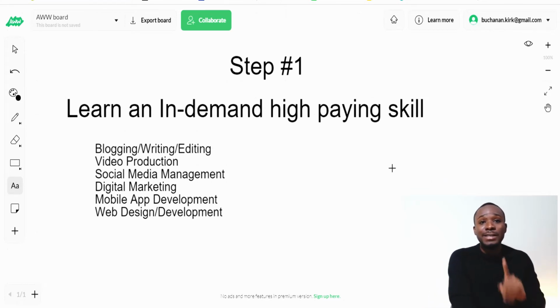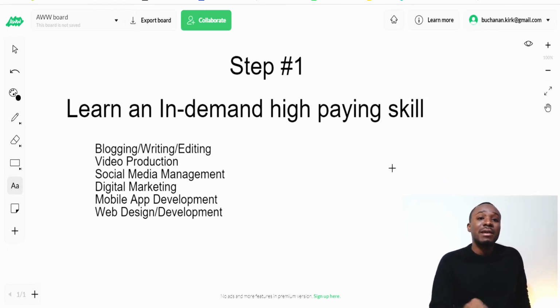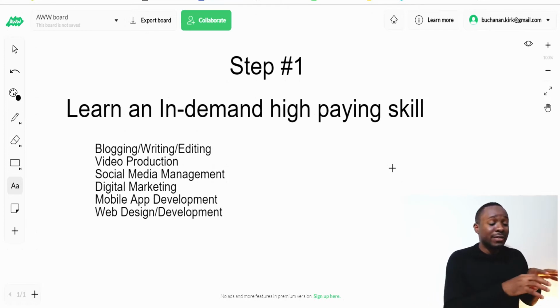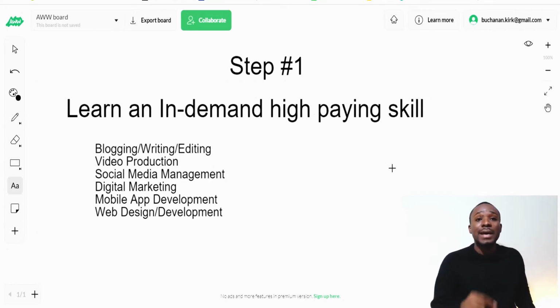So the first step is to actually make sure that you learn an in-demand, high-paying skill. It's very important, because this is the skill that you are going to be using to actually get people to pay you money. And there are so many different skills that you can learn, that you can monetize digitally, that you can monetize over the internet without having to actually see that person or business entity in person.